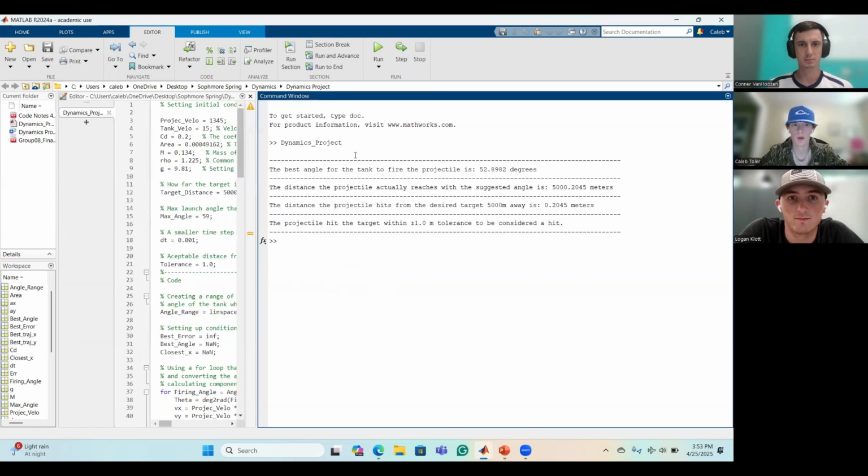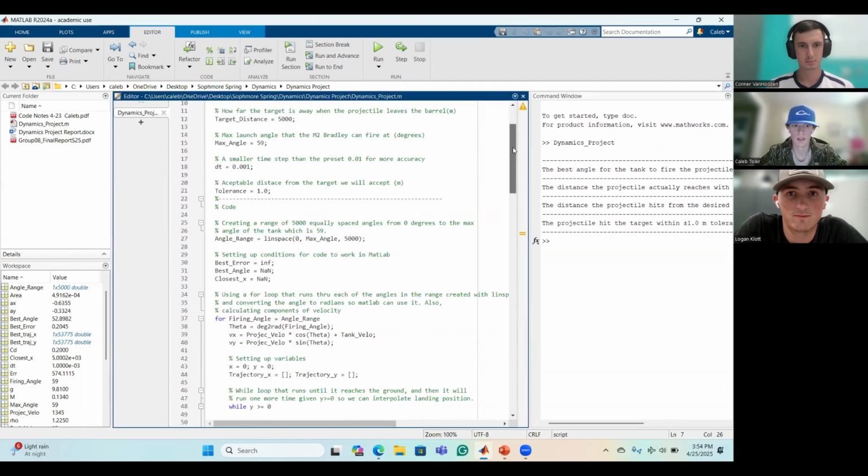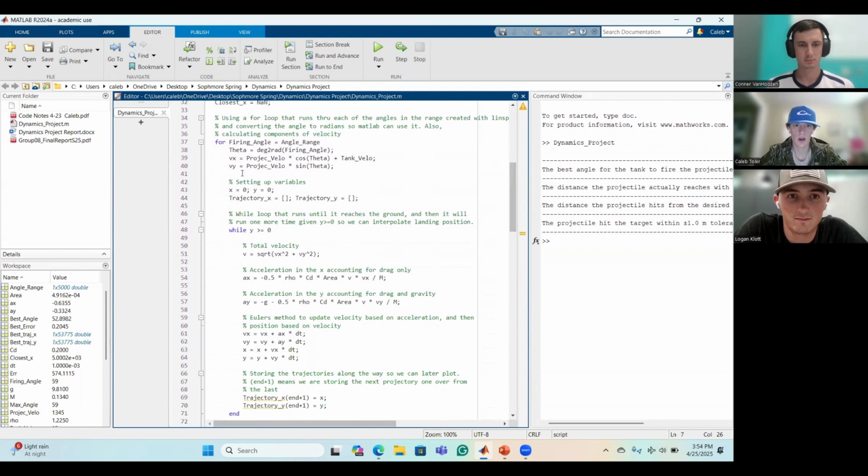Going over some of the code more in depth, we created our initial conditions up here. You can change some of these, so you can actually do this for more than just the M2 Bradley. Then we use the force of drag. Total velocity is the square root of velocity in the x squared plus velocity in the y squared.